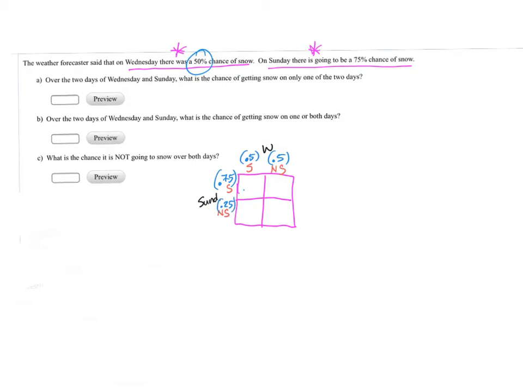Then from there, we have to fill in the area model boxes. So each box, you're going to multiply the 2 snow days together, where it snows Sunday and snows on Wednesday, and those get put into this box as 0.375. If you multiply 0.5 times 0.75, you get the other box the same way, 0.375. What that means is we have a 37.5% chance of snow on both days, or no snow on Wednesday and then snow on Sunday.